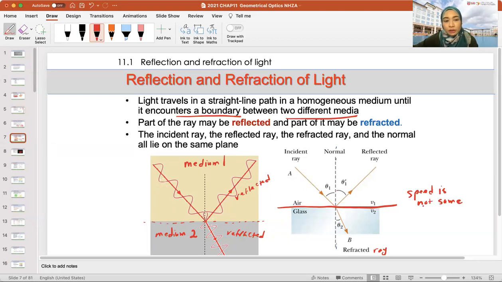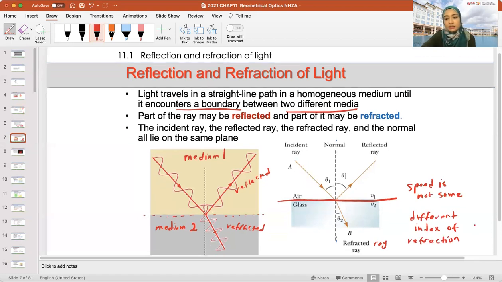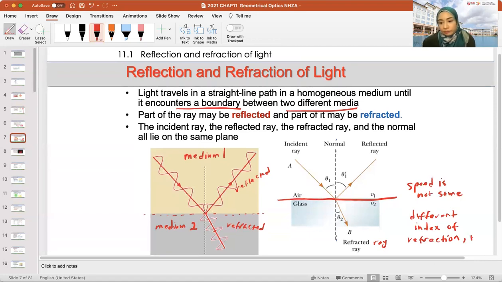So when they have different speeds, we say that they have different index of refraction. This is a new term. Index of refraction, I will write this as letter N. So air, I would call it N1.